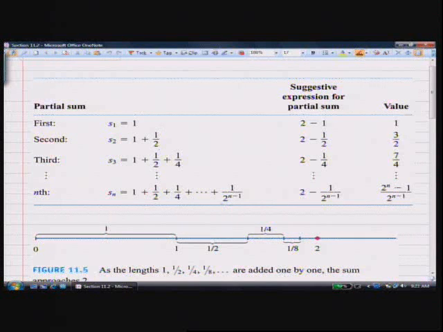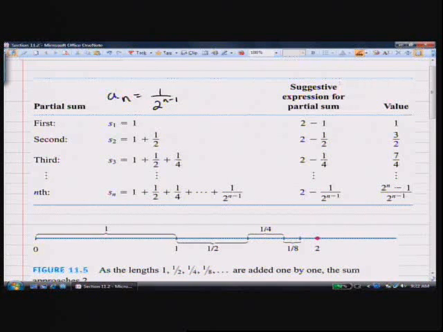So it must be that the sequence itself is 1 over 2 to the n minus 1. This is a sub n. And that's why the first term: 1 minus 1 is 0, and 1 over 2 to the 0 is just 1. Y'all getting the idea? Okay, and so this is the pattern.